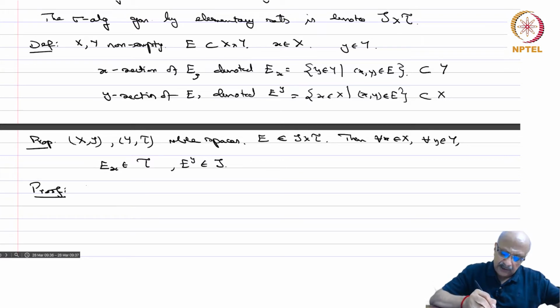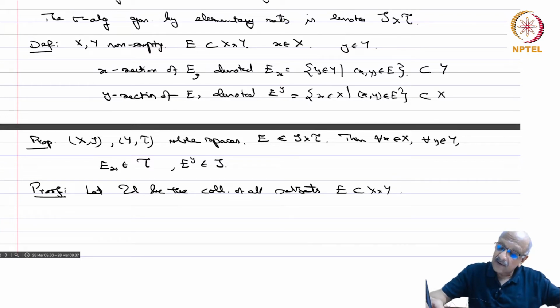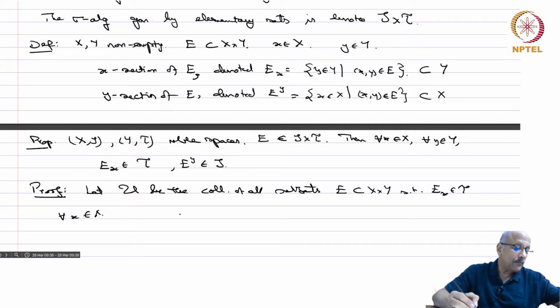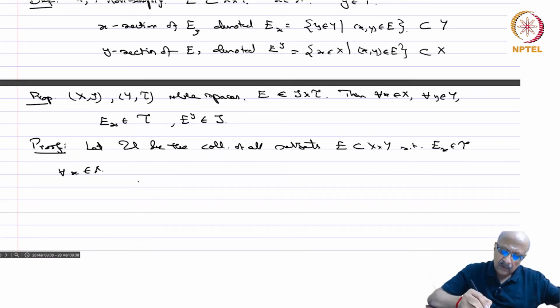So proof. Let U be the collection of all subsets E in X cross Y such that E sub x belongs to T for every x in X. So now we want to see what kind of set this U is. If you have E equals A cross B, a measurable rectangle, then what is E sub x?